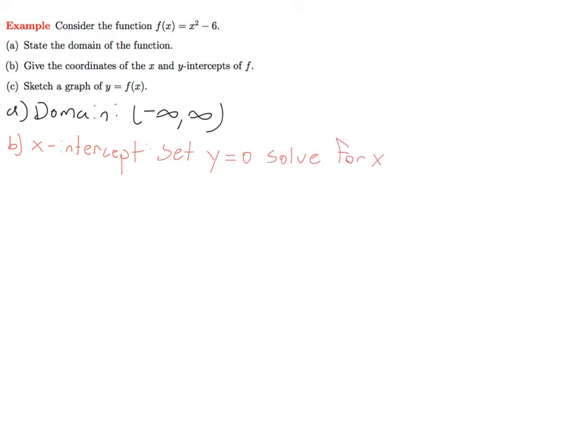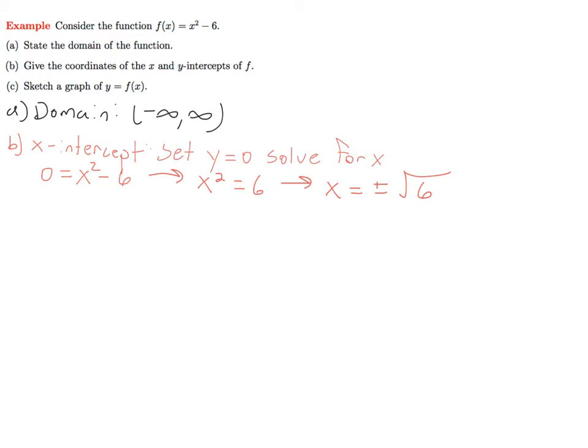So here, setting y equal to 0, we get 0 is equal to x squared minus 6. This gives us x squared is equal to 6. And so undoing that operation gives me x is equal to plus or minus the square root of 6.